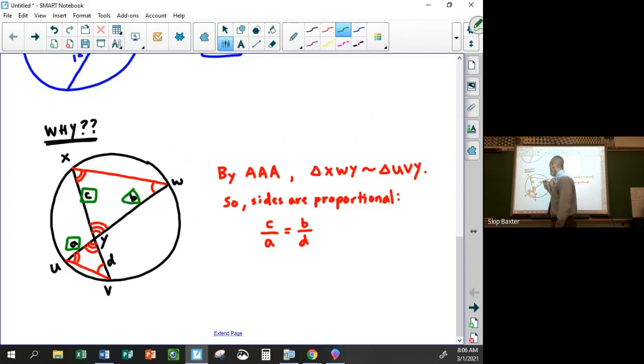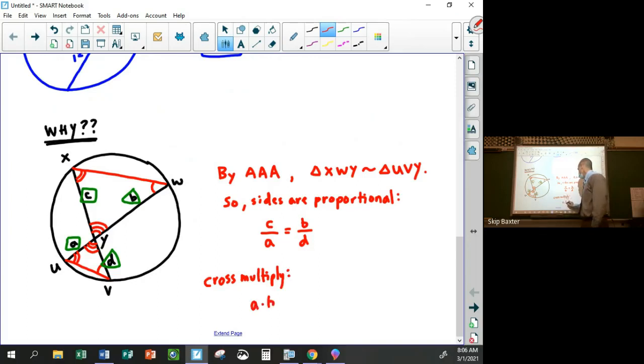And the B and the D are also corresponding sides, right? But then you could just cross multiply this and get exactly what we're saying is true. Cross multiply, and you get A times B equals C times D, which is exactly what we were trying to show in the beginning. The product of the segments of one chord, A times B, equals the product of the segments of the other chord, C times D.